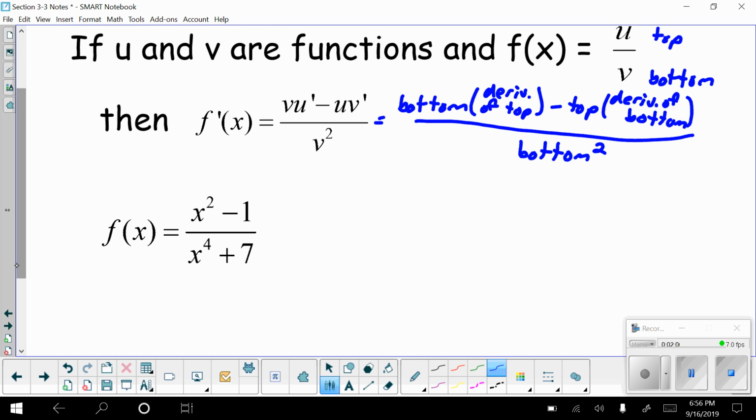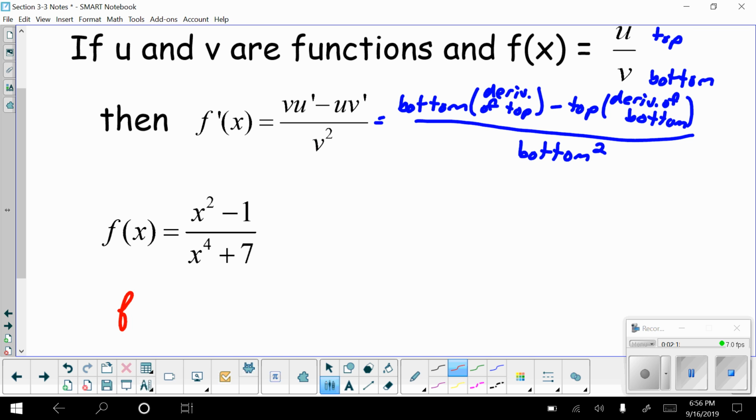So if I were looking at finding the derivative of x squared minus 1 divided by x to the fourth plus 7, x squared minus 1 is a function, x to the fourth plus 7 is a function, and I'm dividing, so I have to use the quotient rule here.